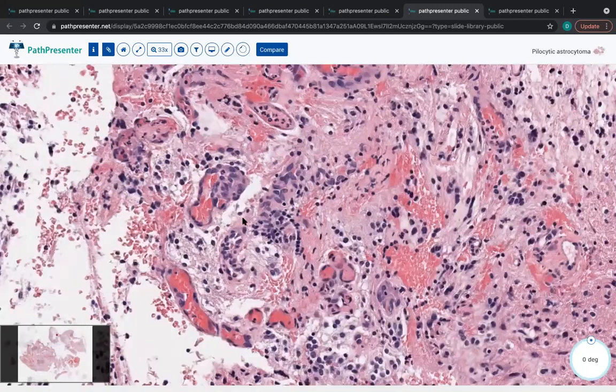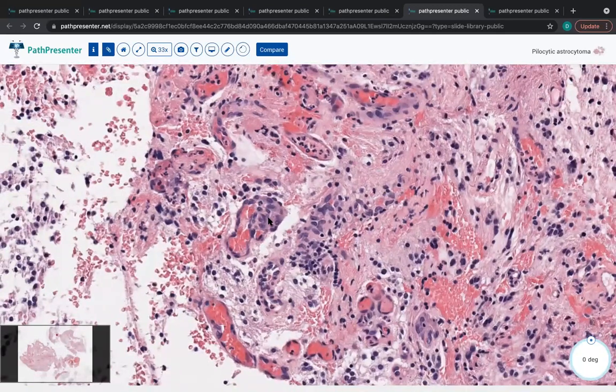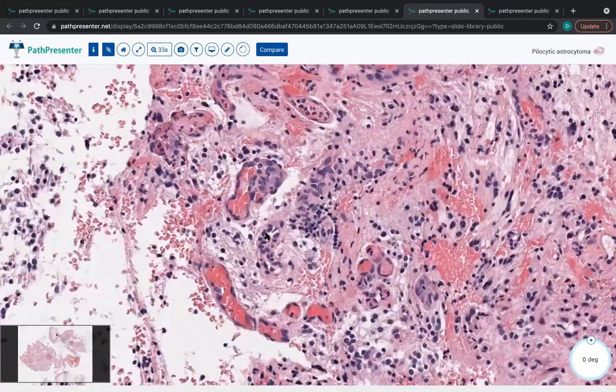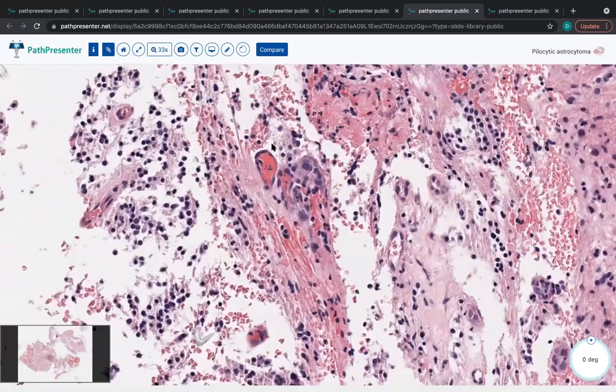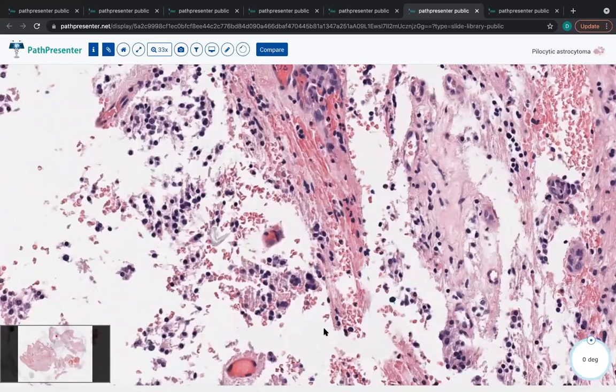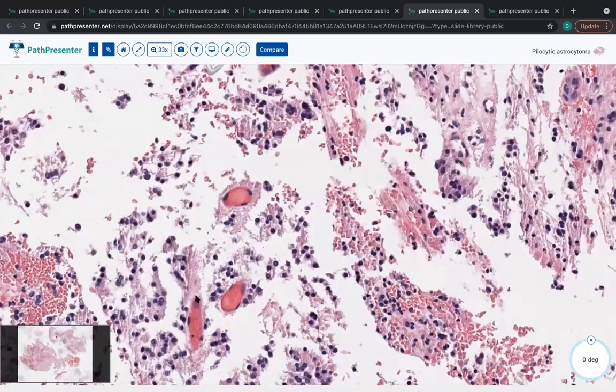Sometimes you'll just see vessels that are thickly hyalinized as opposed to endothelial proliferation. But with some combination where it may not make perfect sense for pilocytic astrocytoma, that more hedged diagnosis is perfectly reasonable.